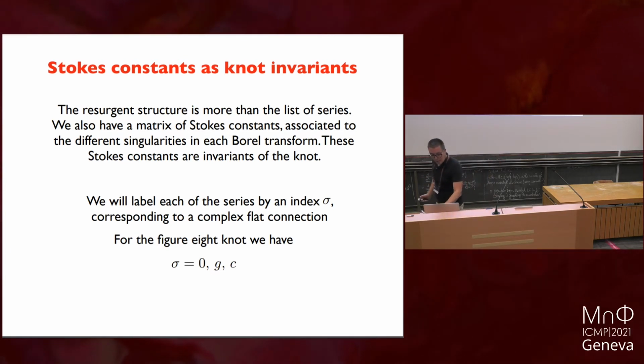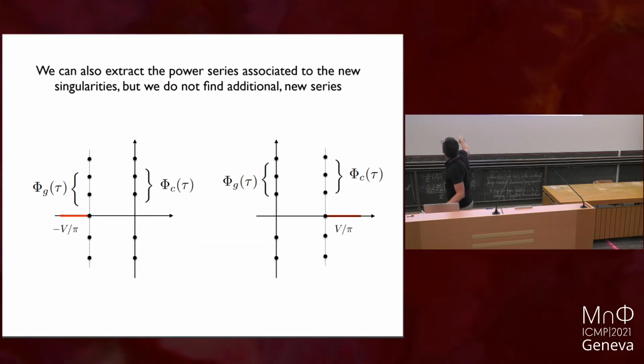Remember that in every singularity appearing here, for example, these are the singularities of phi c. So here, this is a singularity whose series, again, is phi c. So this means that there is going to be a Stokes constant relating phi c to itself.